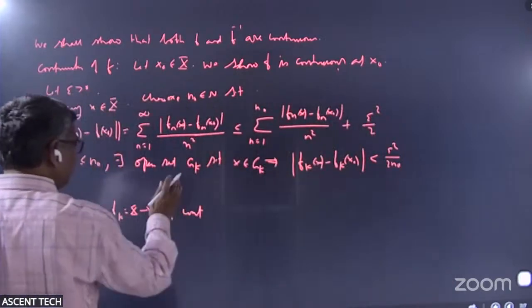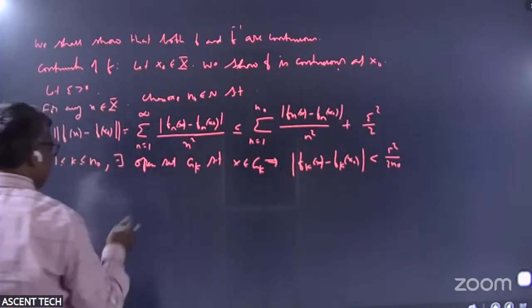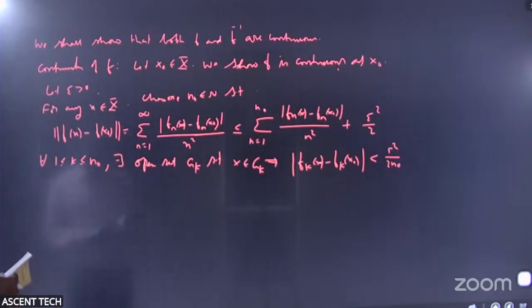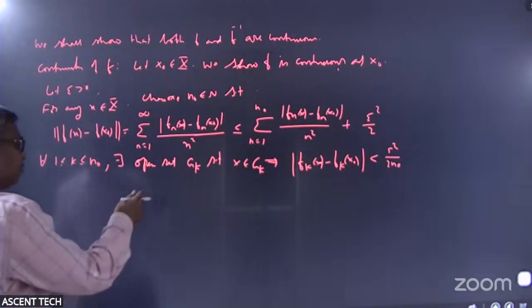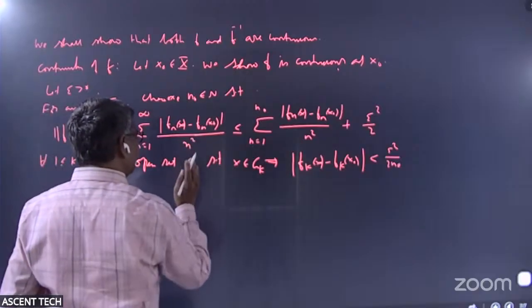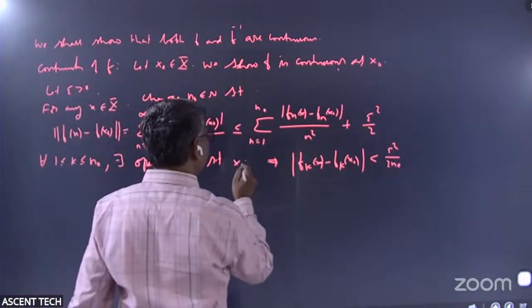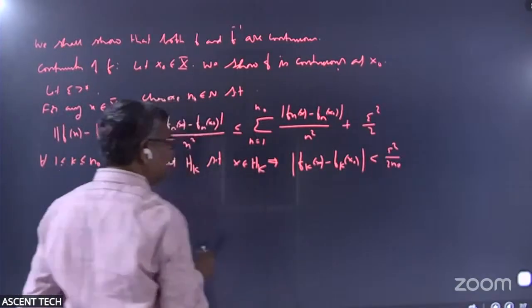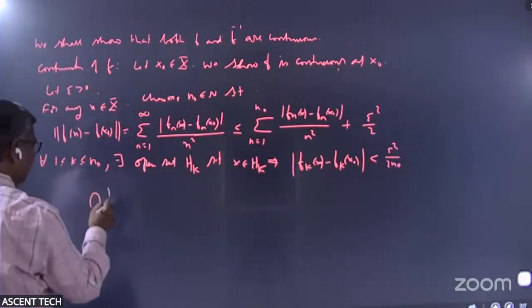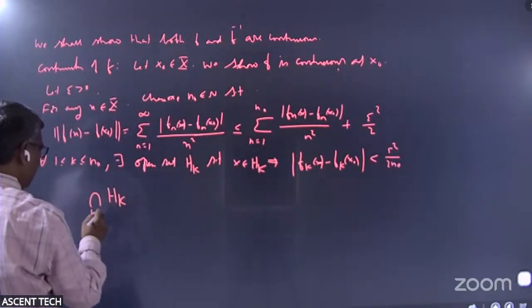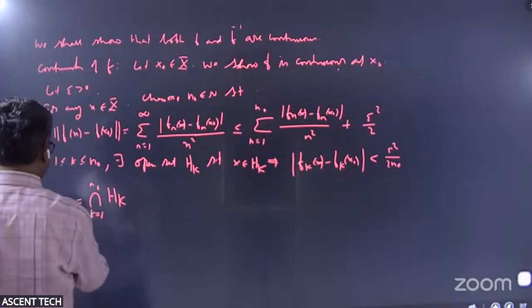So I have finitely many open sets here. Maybe I should not call them Gk, call them some Hk. Doesn't matter. Some open set. Now, the intersection of Hk, k equal to 1 to n naught, is H. This is open.